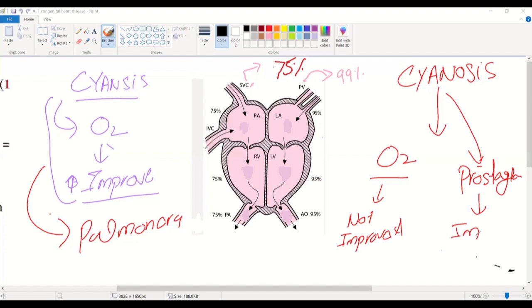It means there is a cardiac cause behind this cyanosis. So PDA is sometimes necessary for the survival of the fetus in some congenital heart diseases. We have to keep the ductus arteriosus patent for the survival of that newborn, right?